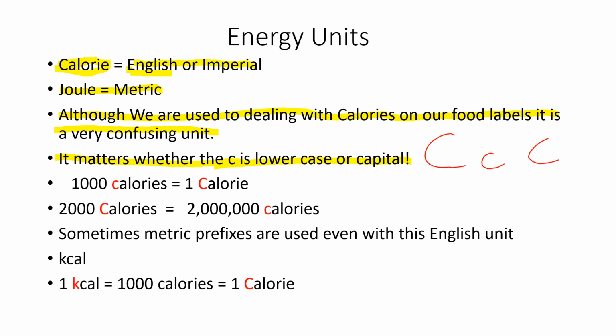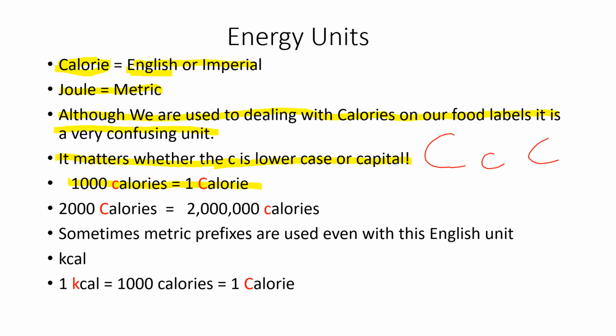And here's how calories actually work. There are 1,000 little c calories in one big C calorie. That's the conversion. It takes 1,000 little c calories to give you one big C calorie. When you look on your food labels and the items you're eating, the packaging, it often says based upon a 2,000 calorie diet.